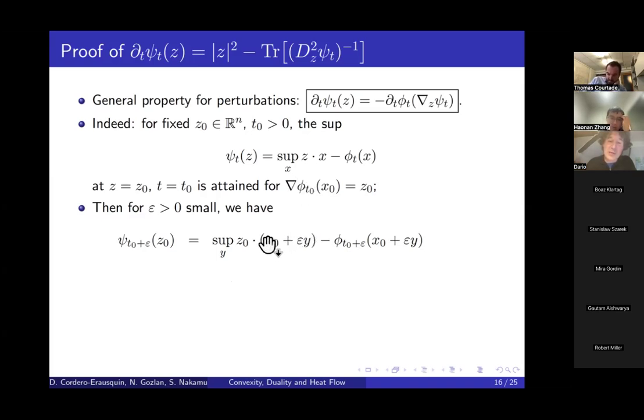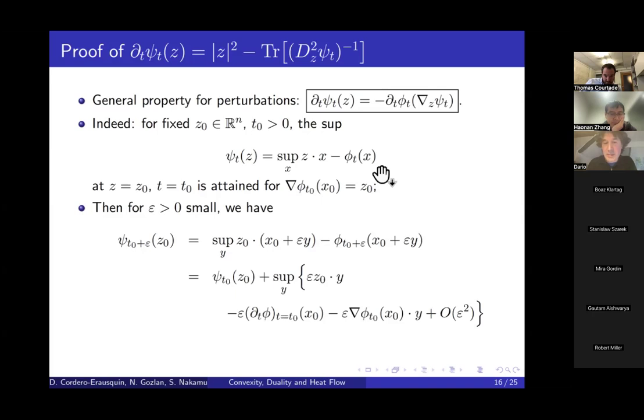So it makes sense to write it as x naught plus epsilon y, and you expect y to remain bounded or something like this. If you do some Taylor expansion here, you will have the zero order term, which is phi t naught at x naught minus z naught dot x naught, and this is by definition psi t naught at z naught. And then you have the rest.